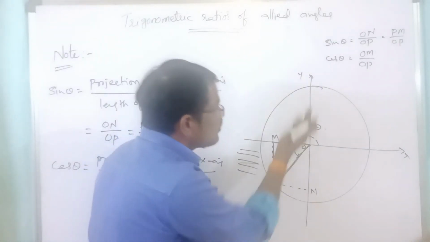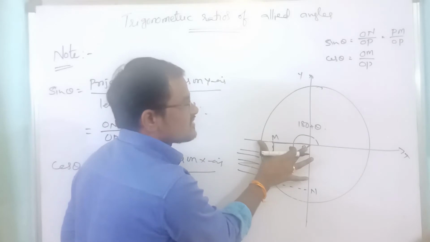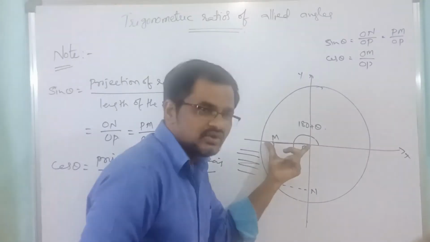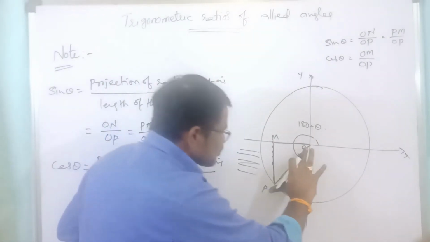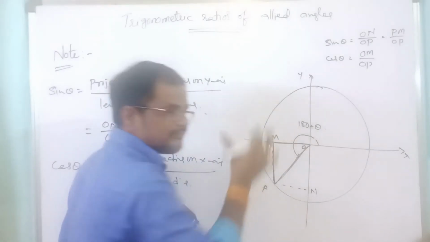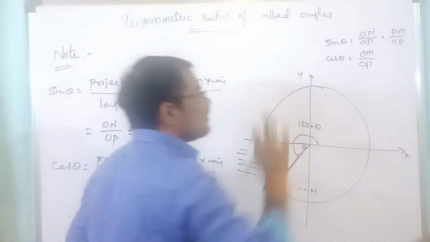And how to define cos theta? The projection of OP on the x-axis, but it is on the negative side, so a negative projection. The projection of OP on the x-axis is OM by OP.